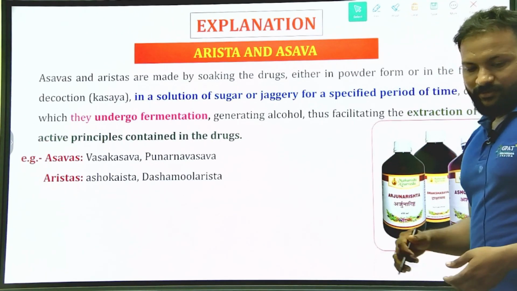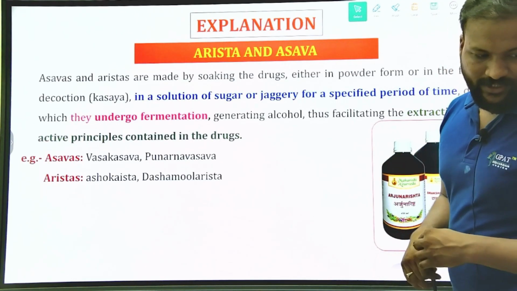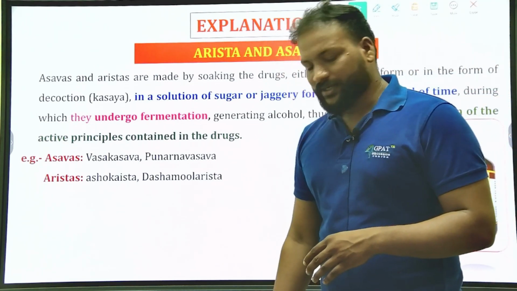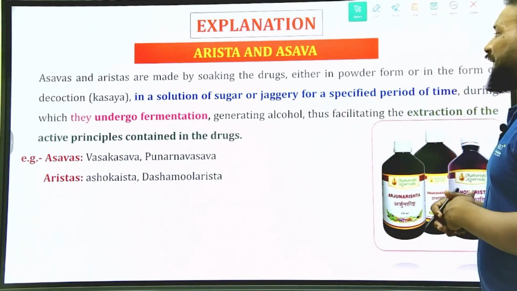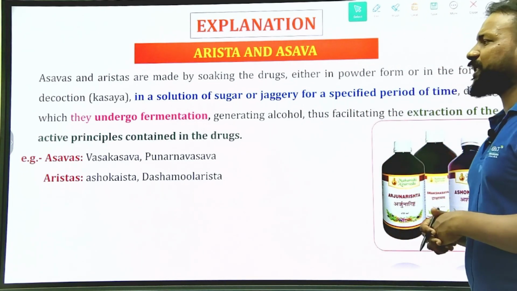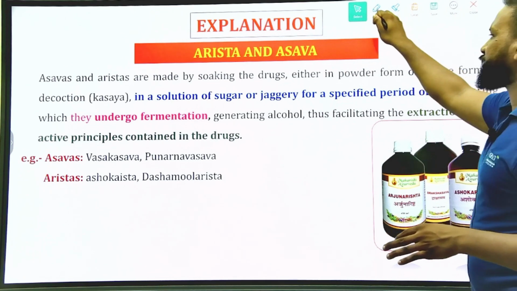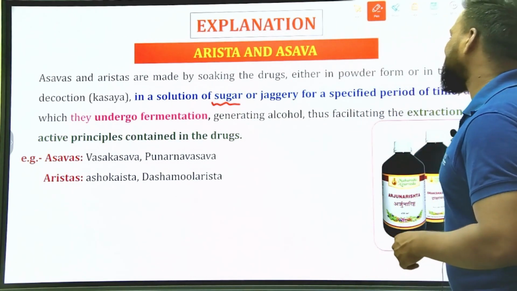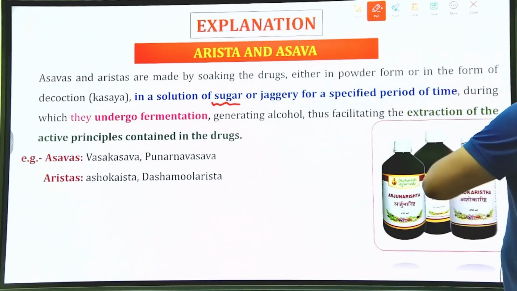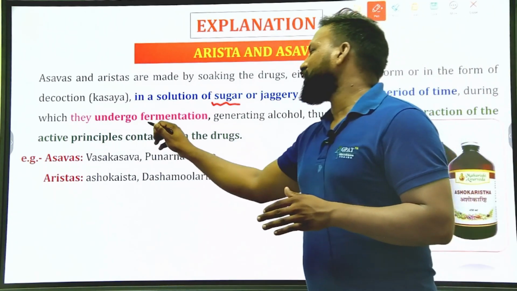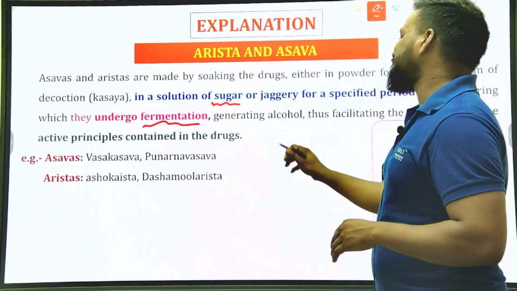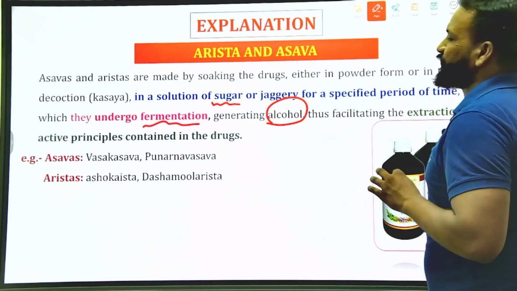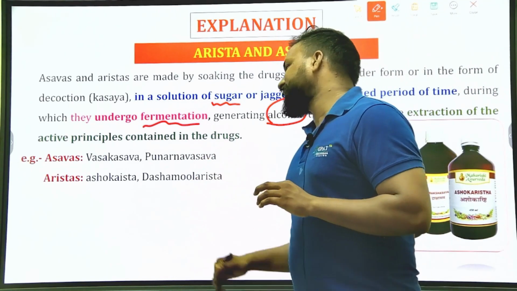So this is an example for that question. This is the explanation. Asavas and aristas. You can see the aristas are made by soaking the drugs, either in powder form, in the form of decoction, or in solution. Okay, so these are the preparations. The drug is soaked in either sugar or jaggery for a specified period of time. During that time, they undergo fermentation and generate alcohol, thus facilitating the extraction of the active principles contained in the drug.